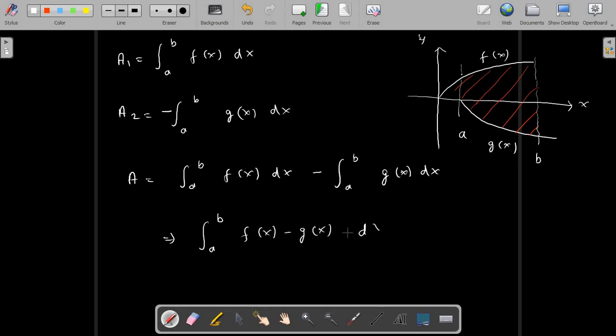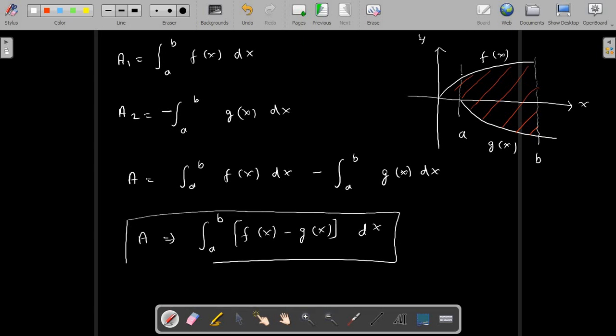That is the final or net area you calculate if there are 2 curves. This is the red shaded area, that is complete A, using this formula.